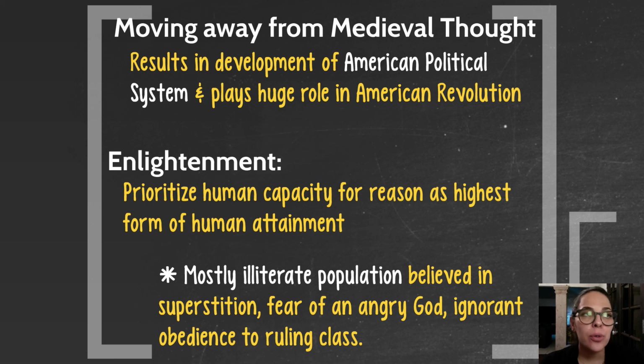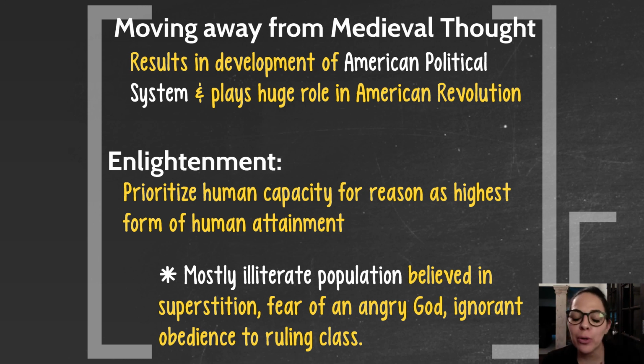And by ignorant, I mean that they don't know, they are not educated. They don't have access to this kind of information, and they basically defer all the decision making to the ruling class, the people that are in the top echelon of society.